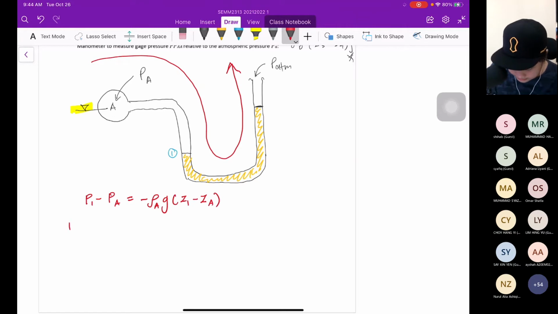Okay, you can see here, this level is the same level here, right?